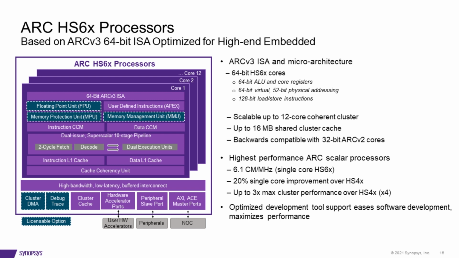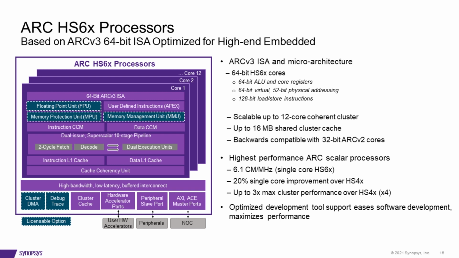And we recognize that. So in our next generation, what we call our ARC-V3 architecture, we've extended the processor portfolio to 64-bit processors. So we have single core 64-bit processors, and we've built a cluster around those 64-bit cores that can support up to 12 cores per cluster.